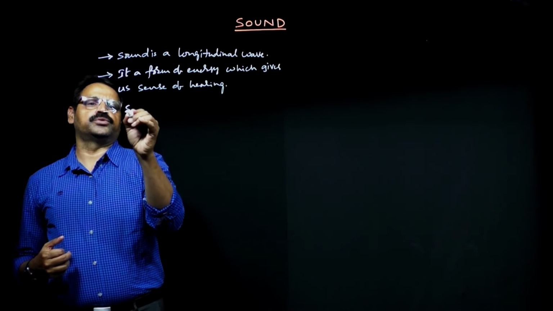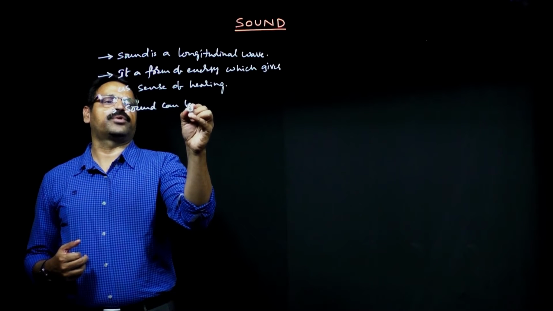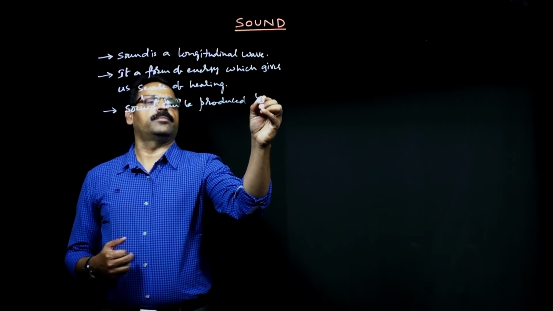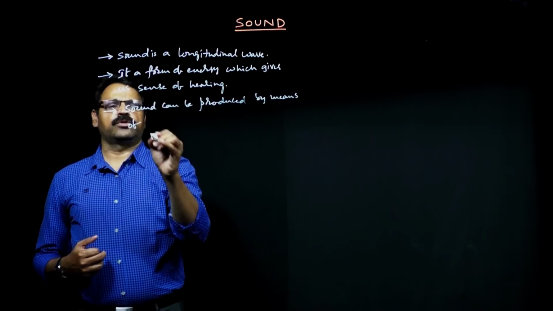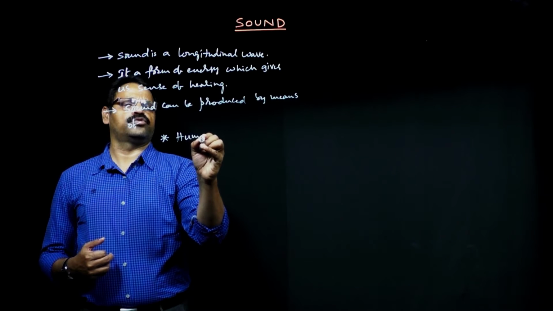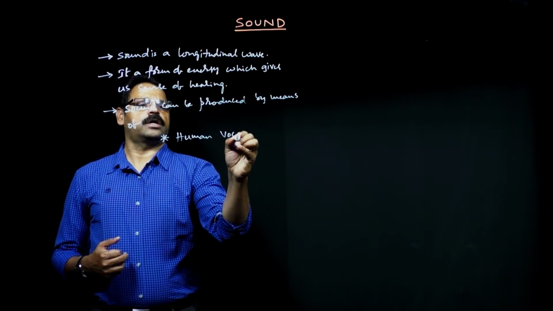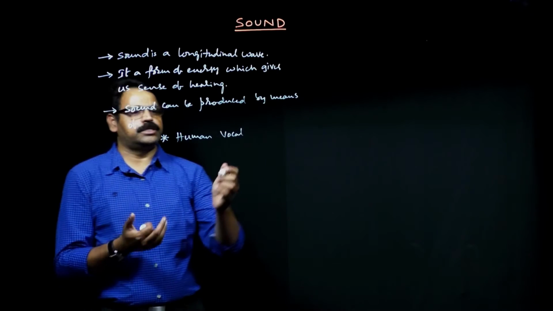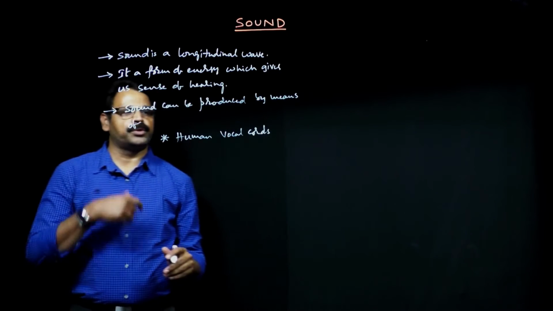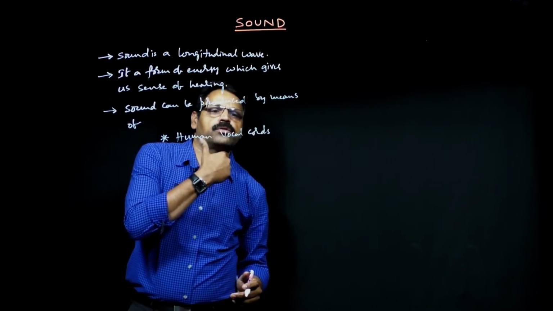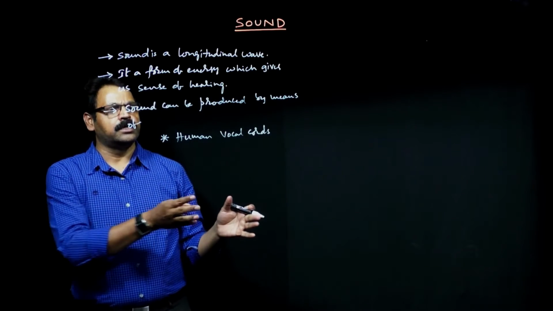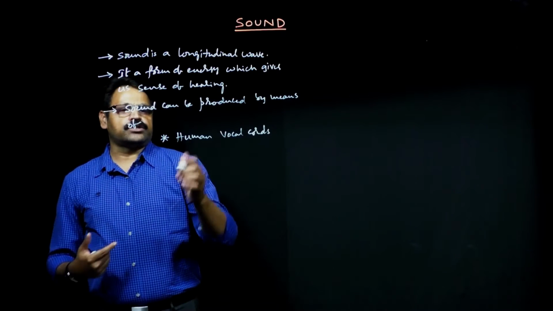Sound can be produced by many things. One is human vocal cords. When I use energy, the vocal cords rub, producing the sound that comes out of the mouth, travels through the air and reaches the listener, so there can be a sense of hearing.